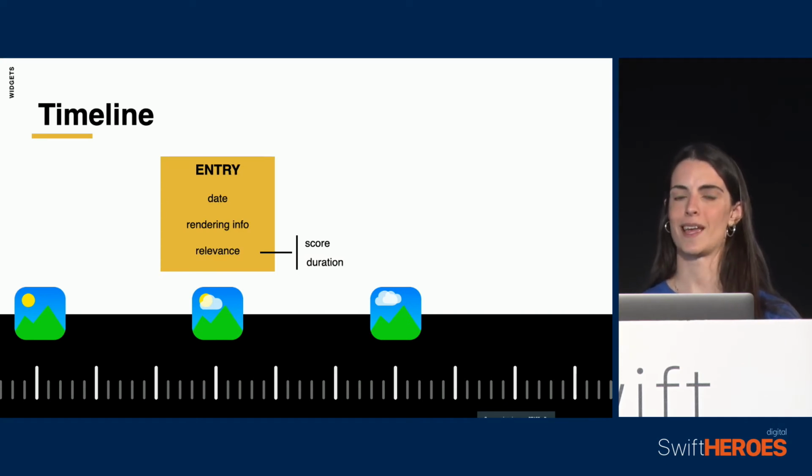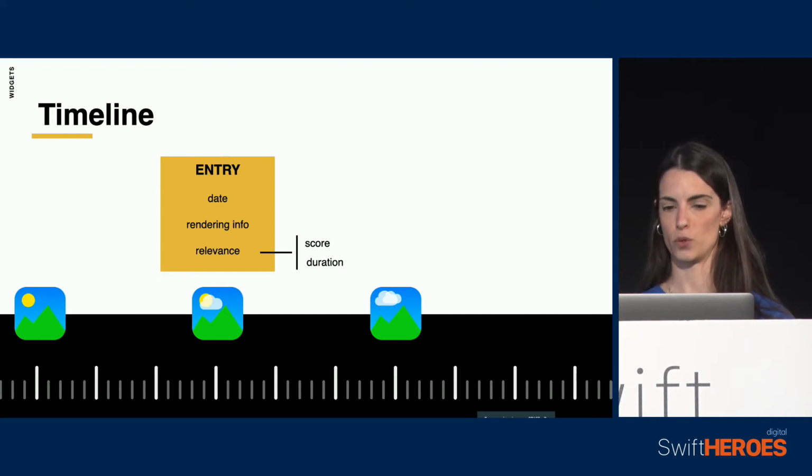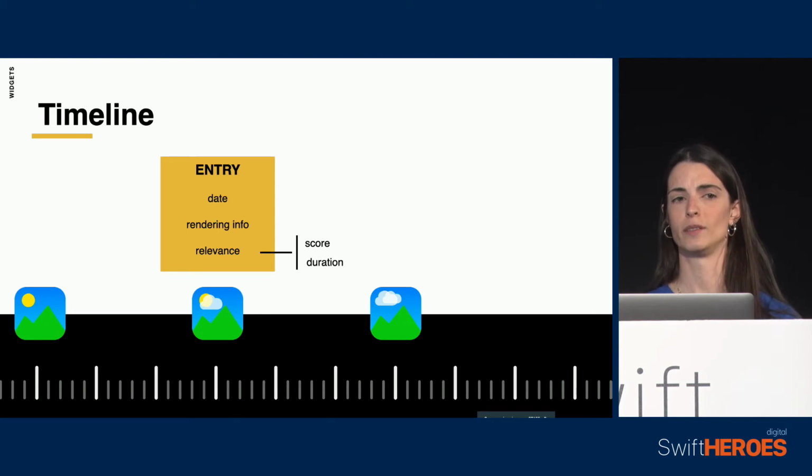This entry has a date property that tells WidgetKit when to load this specific entry. Then you have rendering info and an optional relevance that tells how important that entry is compared to the others in the past.